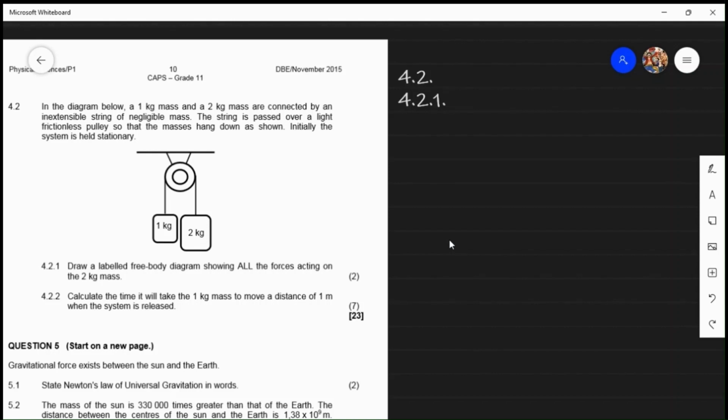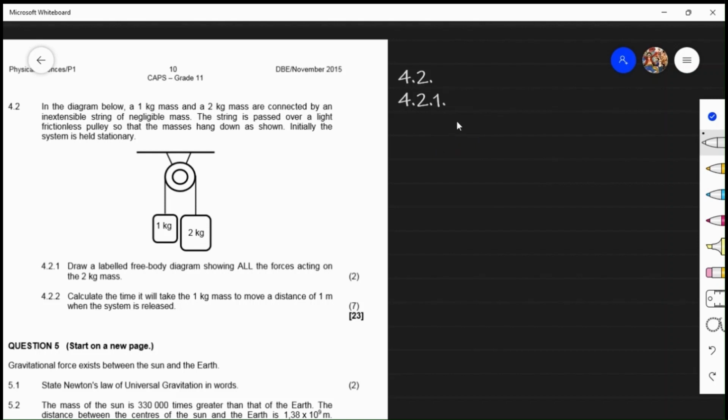It has mass. Any object that has mass will be subject to gravitational force, which will be our first force. Because there's a string connected to this object, there will be tensional force, and those are our 2 forces for 2 marks. So let's start with our free body diagram.